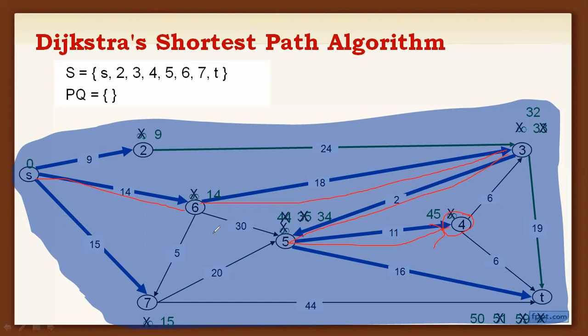This is the minimum path to calculate the distance from vertex S to vertex 4. If you want to calculate the minimum distance of vertex 3 from vertex S, the path is S to 6 and 6 to 3. This is the minimum path. And the minimum path from the source vertex S to the destination vertex T is like this only.